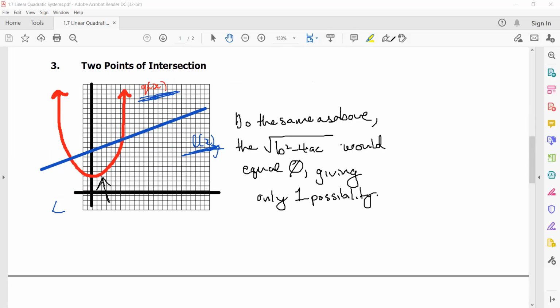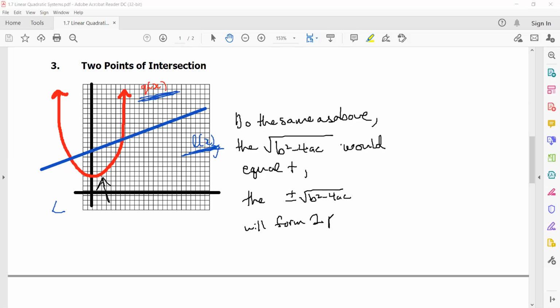So if you do the same as above, b squared minus 4ac would equal a positive number, which means the plus minus of the square root of b squared minus 4ac will form two possible answers.